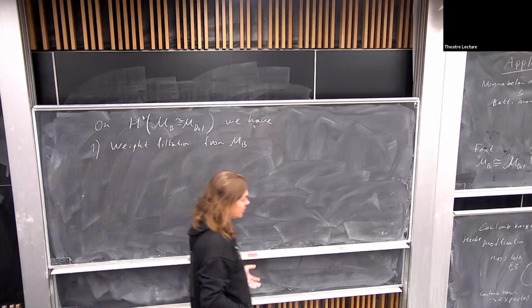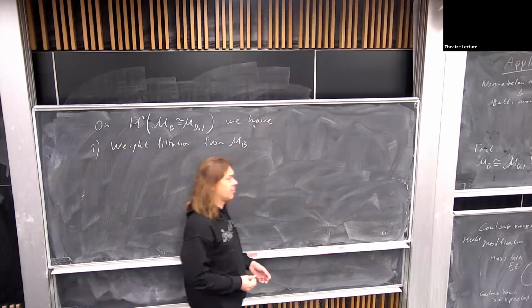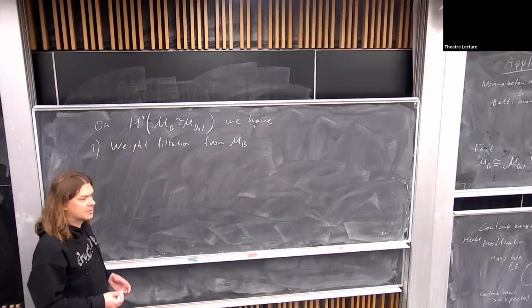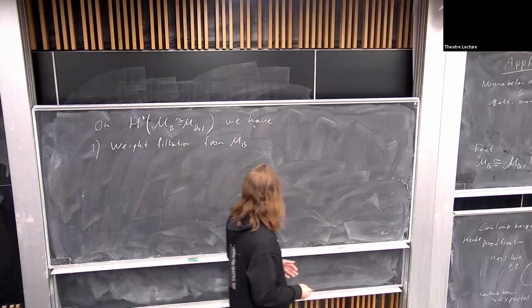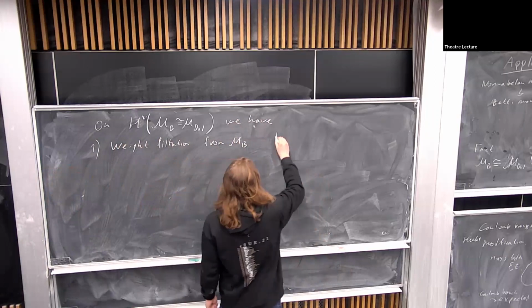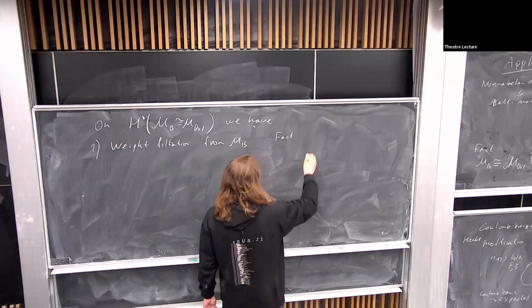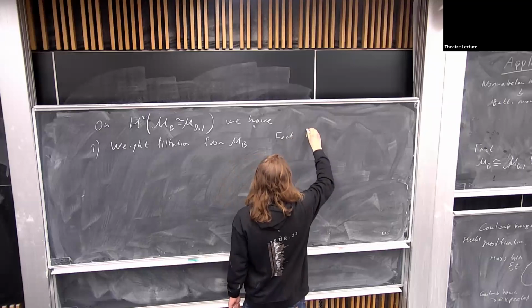This is an algebraic variety, smooth, so its cohomology has a weight filtration, which turns out to be a mixed Hodge structure.